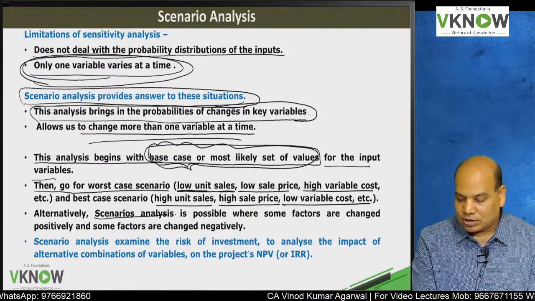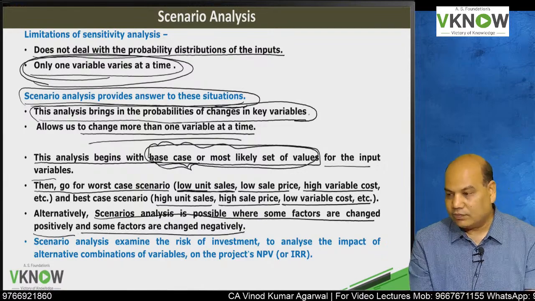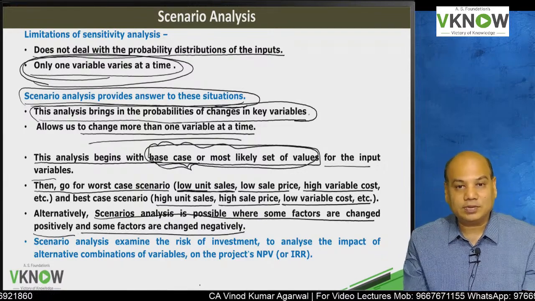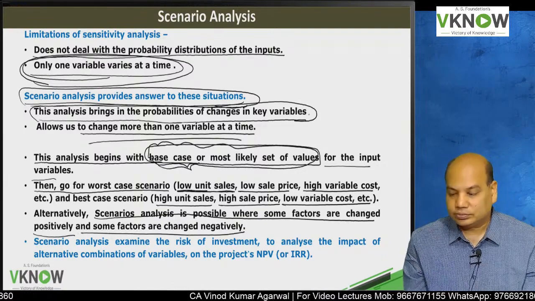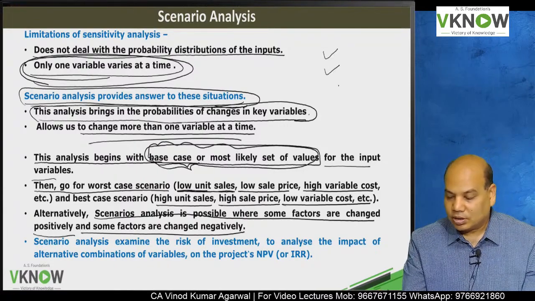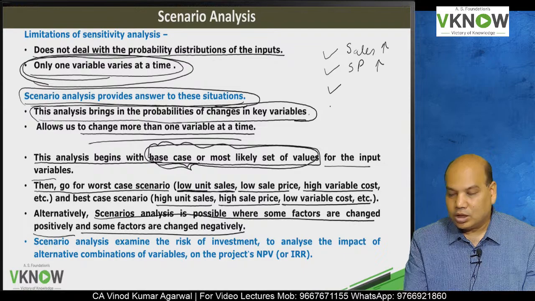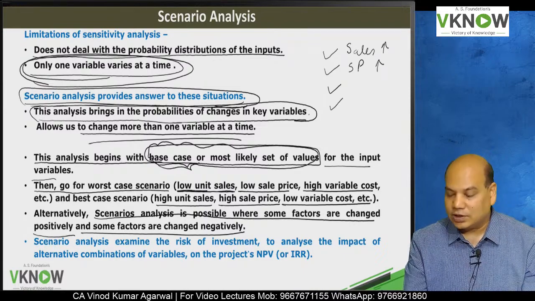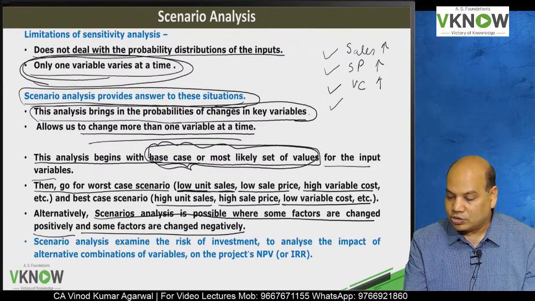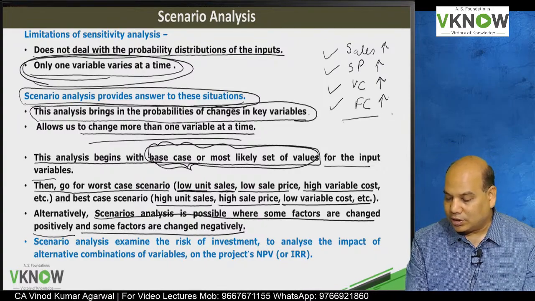Alternatively, scenario analysis is possible when some factors are changed positively and some factors are changed negatively. This can also be done. Two variables you can change positively. For example, you can say sales will increase, selling price per unit will increase, and two variables you can change negatively also. Variable cost will also increase, fixed cost will also increase, and then what will be the NPV.